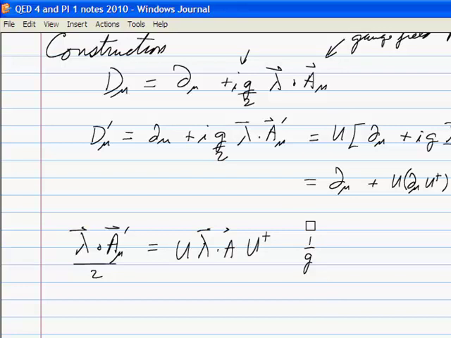It's minus I over G. I'm getting rid of my factors of I also. Minus I over G U d mu U dagger. And there's an over 2 there. Okay, and so there's the matrix form of this.